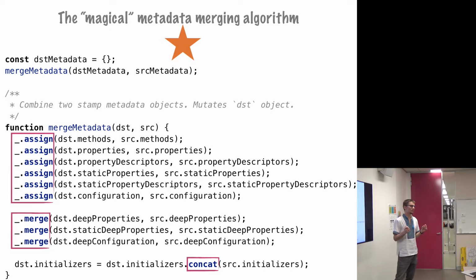So usually, stamps are really small. In the end objects, I have never had more than 10, 15 methods and properties everything together. So stamps are typically very small, so the problem of conflict does not really arise.